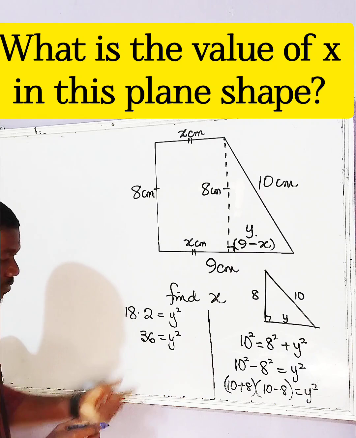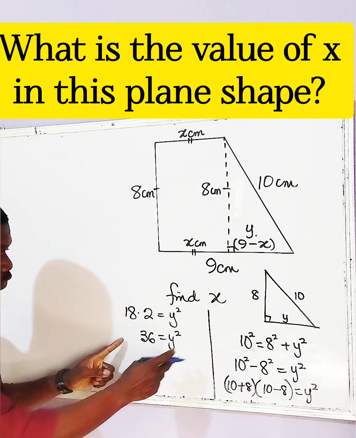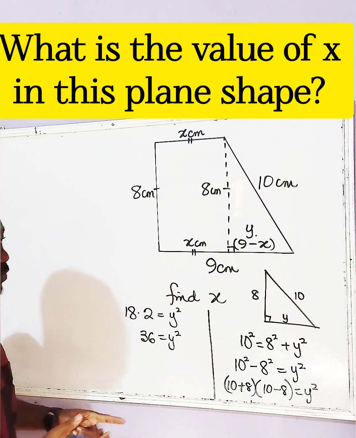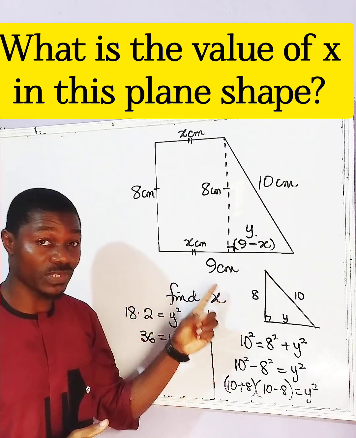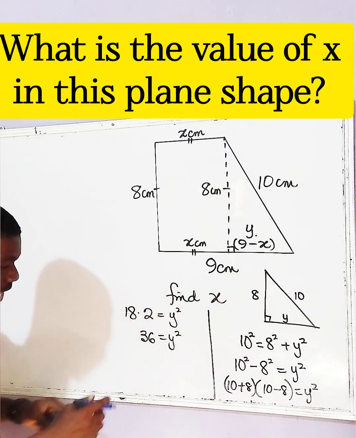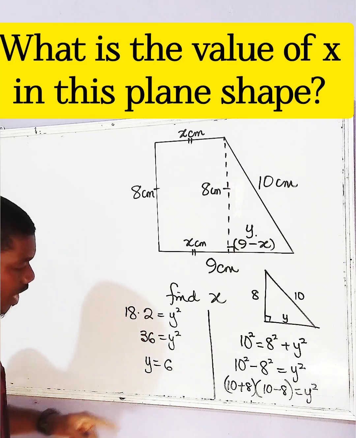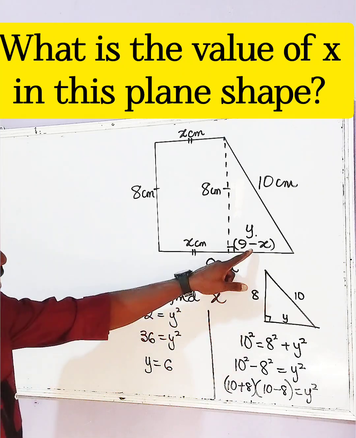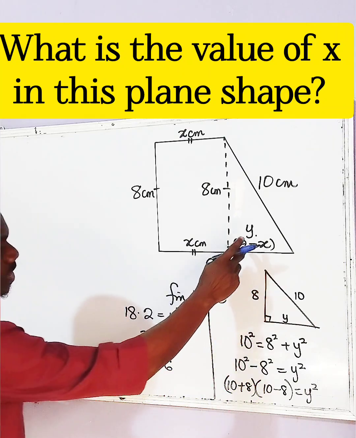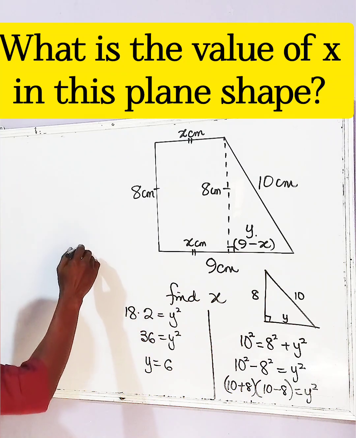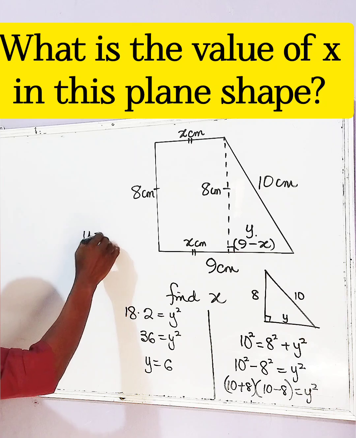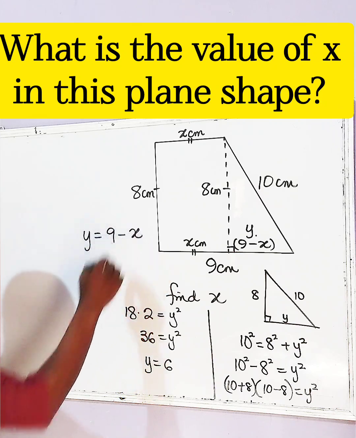So to this end, let us square root both sides, and since we are looking for the positive value of y, definitely y will give us 6. Now if y is 6, we can say that y equals 9 minus x.